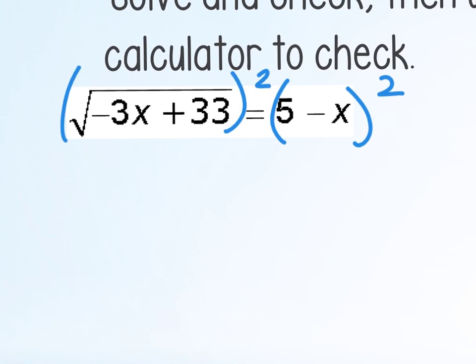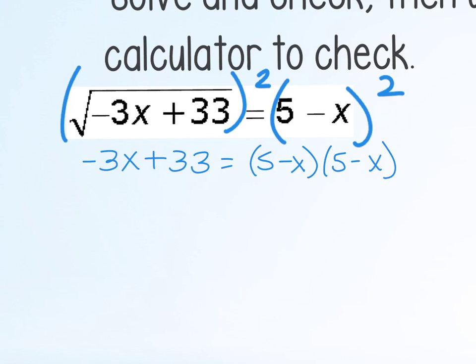Now when I square the square root, it cancels out, right? So the left-hand side is negative 3x plus 33. And the right-hand side is 5 minus x squared, which is 5 minus x times 5 minus x. And what do we have to do with those? Foil them out.